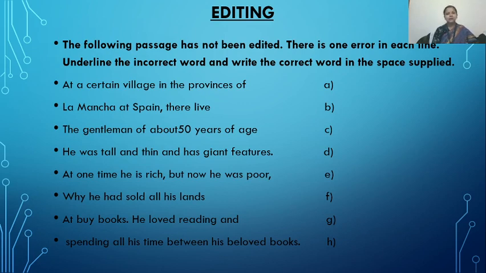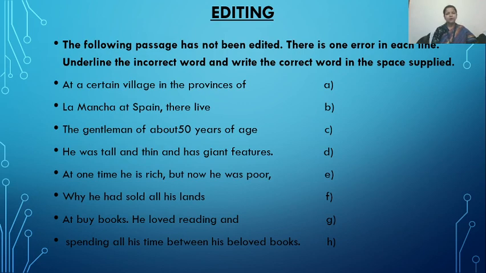Here you can see in the instruction it is written, the following passage has not been edited. There is one error in each line. Underline the incorrect word and write the correct word in the space supplied. Fine.